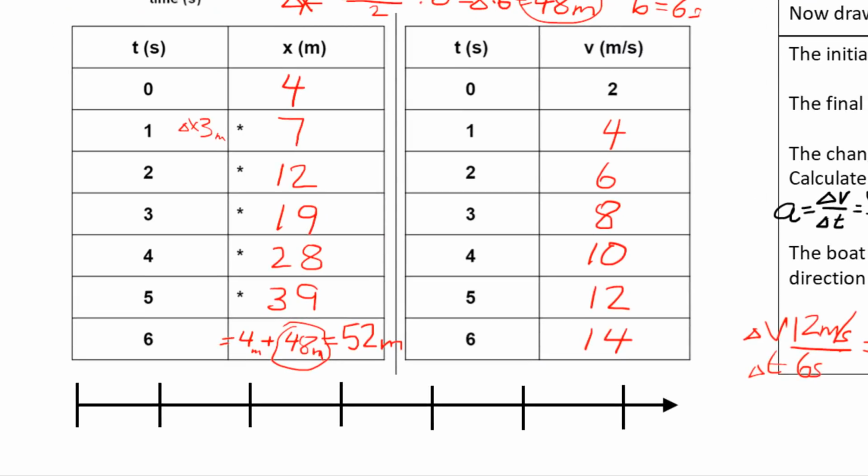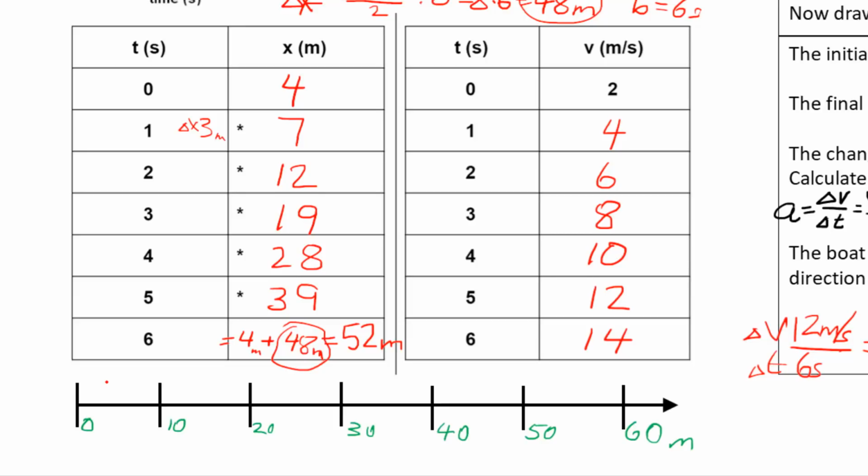We're going to have to cover from 0 to 60 meters. So it goes 0, 10, 20, 30, 40, 50, and 60 meters in that direction. We'll go ahead and label it with our positions.